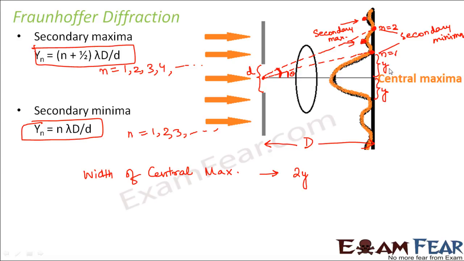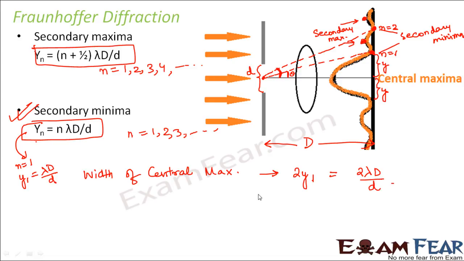So the width is 2y, where y is the position of the first secondary minima. We already saw how to find it: put n equal to 1, so y1 equals lambda D by d. Doubling it gives 2 lambda D by d, which is the width of the central maxima.